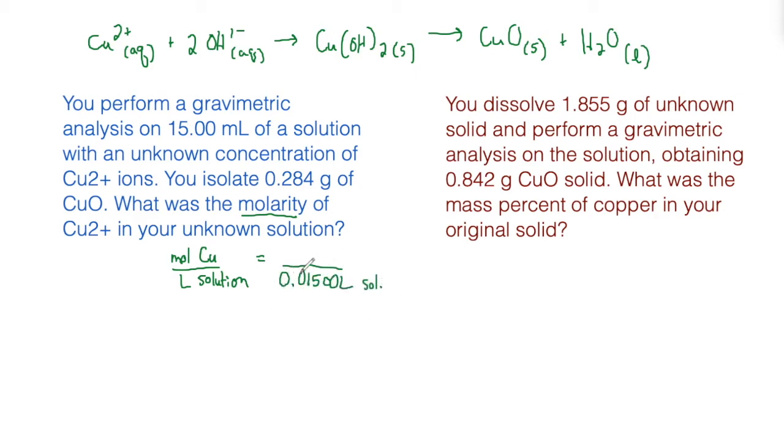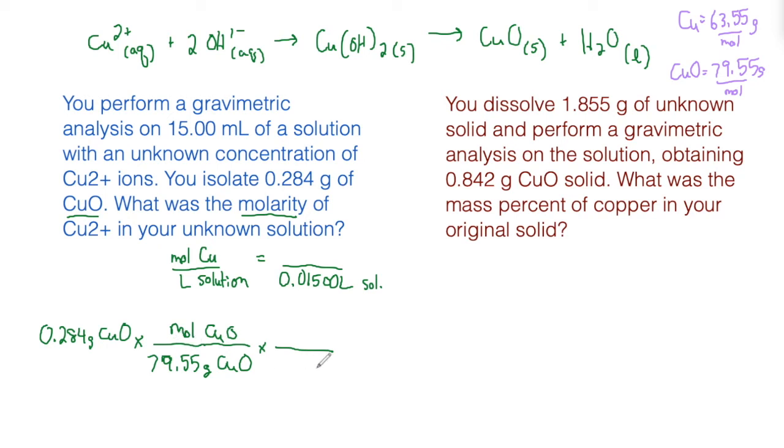So we have 0.01500 liters of solution. The moles of copper we're going to get by starting with the mass of copper 2 oxide that precipitated. Then we can go ahead and convert it to moles with the molar masses that I just added up there in the corner.